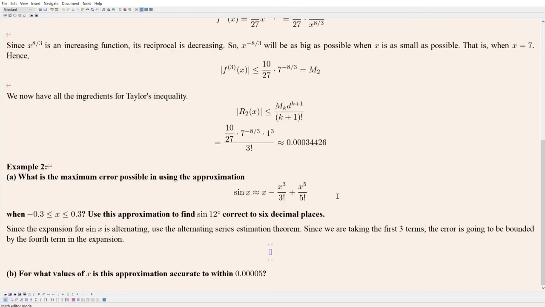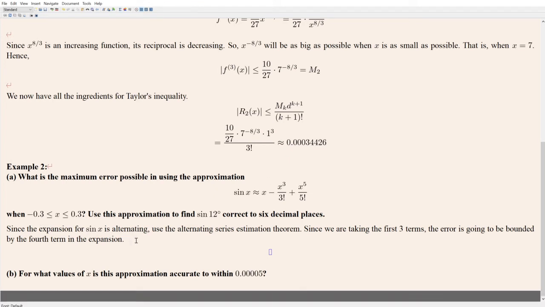So what's the fourth term in the expansion, in absolute value, because you're neglecting the alternator? That's part of the theorem.